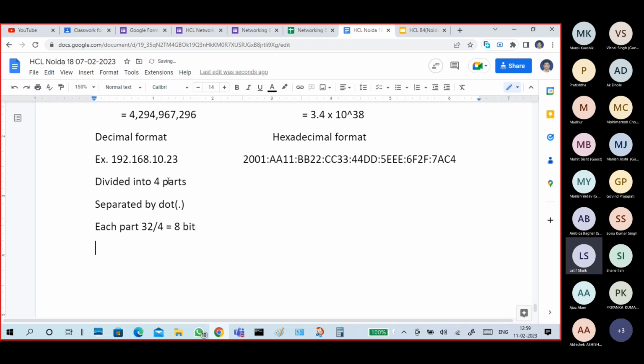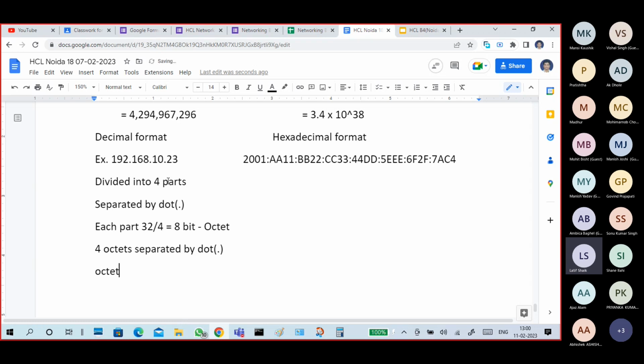That we call an octet. So we have 4 octets separated by dot.